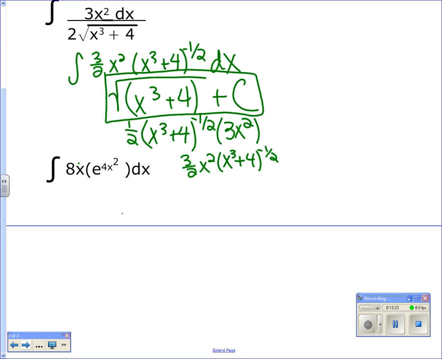Make it e to the what? Okay. If you take the derivative of that, what would you do? Anytime you take the derivative of e, you just write it, right? And then you take the derivative of its exponent. What is the derivative of this?